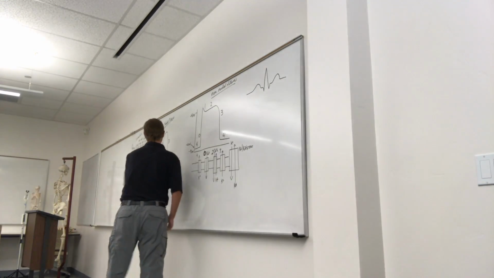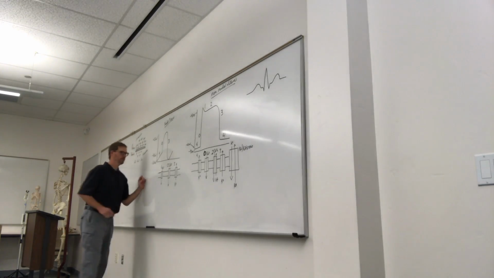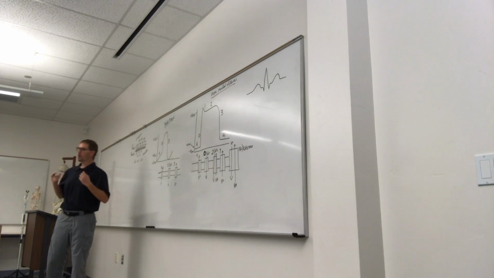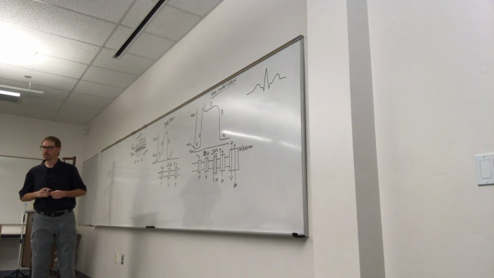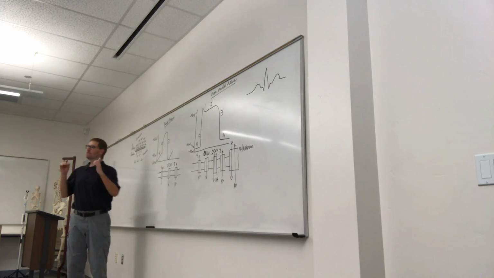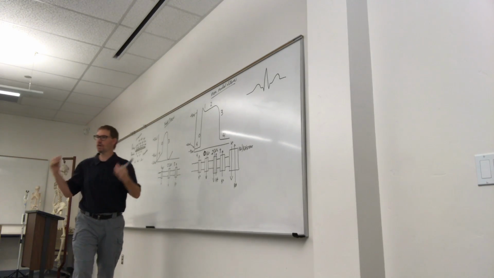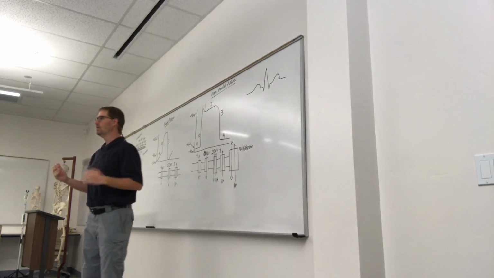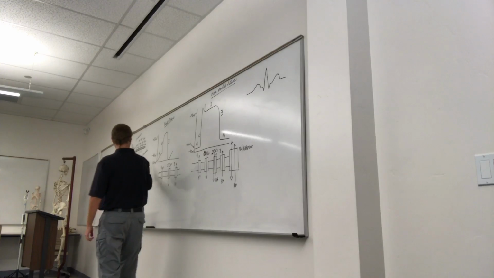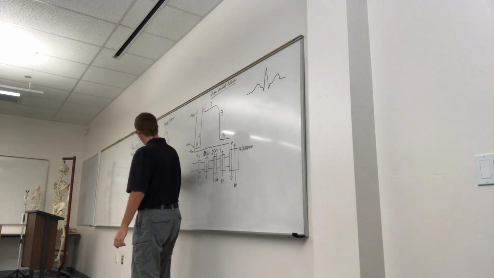So our nodal tissues are what we call permeable. They are permeable to sodium. That is to say that the nodal tissues have sodium channels that constantly leak. So there's constantly a flow of sodium going from outside to in.